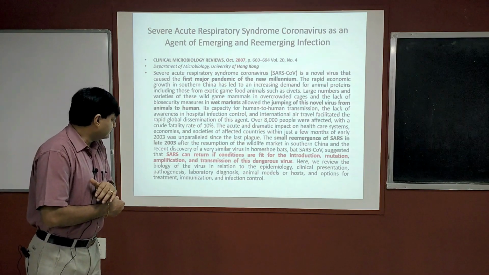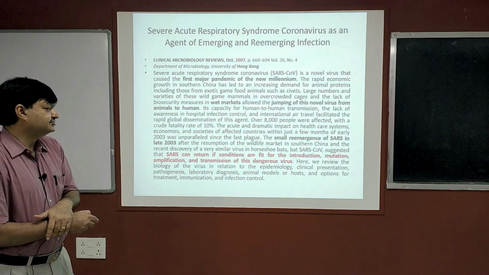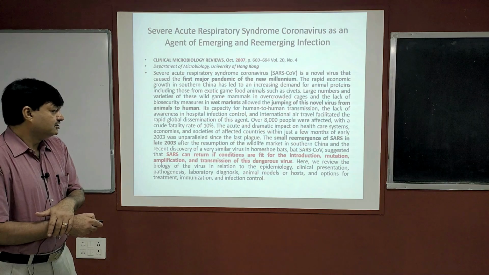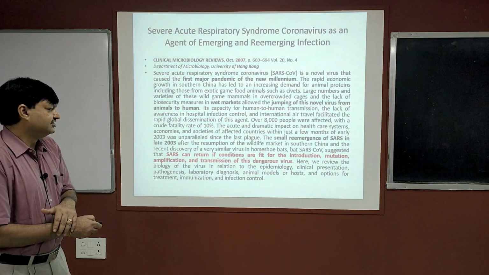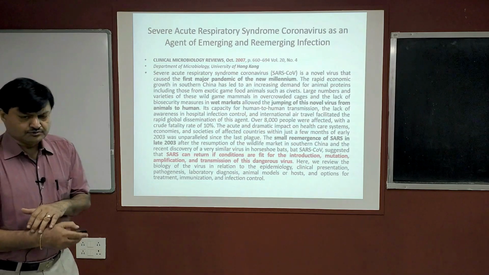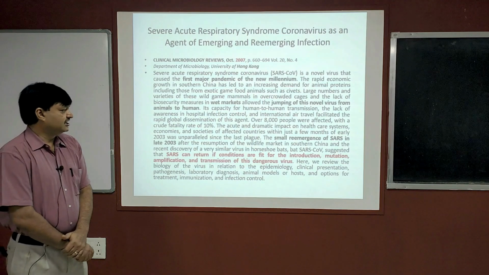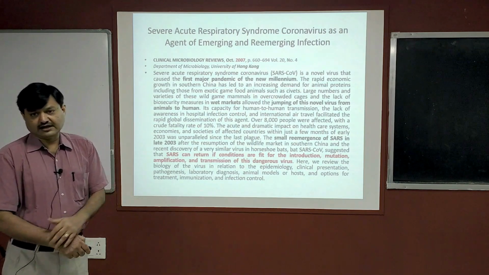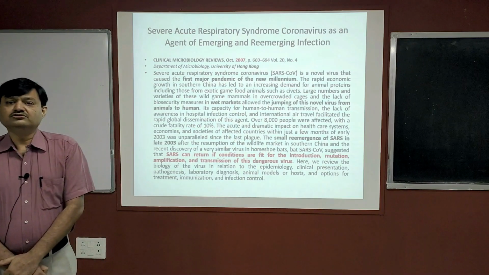And over here, it has been said that SARS can return if conditions are fit for the introduction, mutation, amplification, and transmission of this dangerous virus. So many of the viruses are prevalent in animals and birds, and it is natural for them to spill over into the domestic and then to the human.